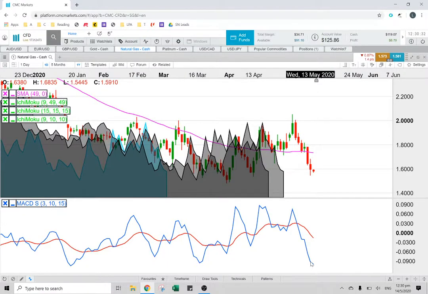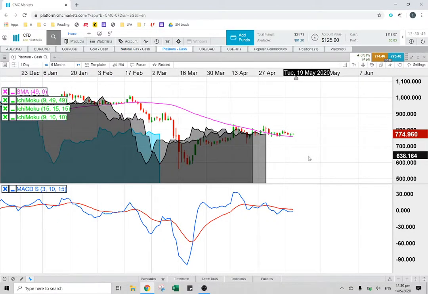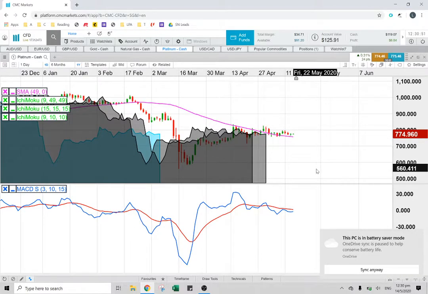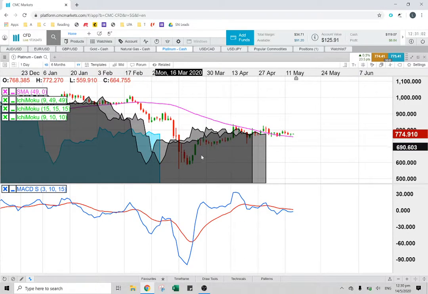So we are looking at a strong temporary downtrend, but based on the overall trend, which is the 49 SMA, there's nothing to be done. So moving on, platinum cash, let's see.